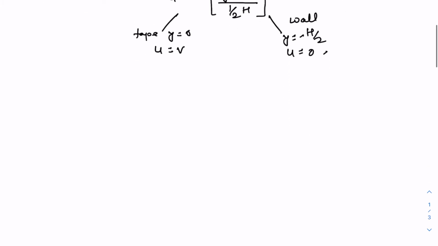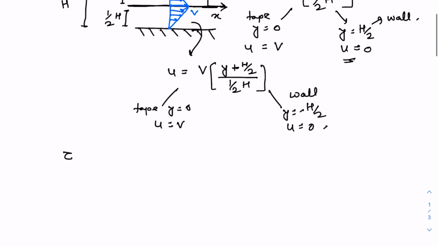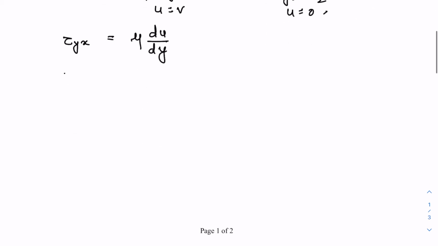Now the shear stress acting on the tape. Here, using our fundamental convention for the stress, the stress acting on a y interface in the x direction is equal to mu times du by dy. So at the tape, tau yx, y is equal to 0, du by dy at y equal to 0.